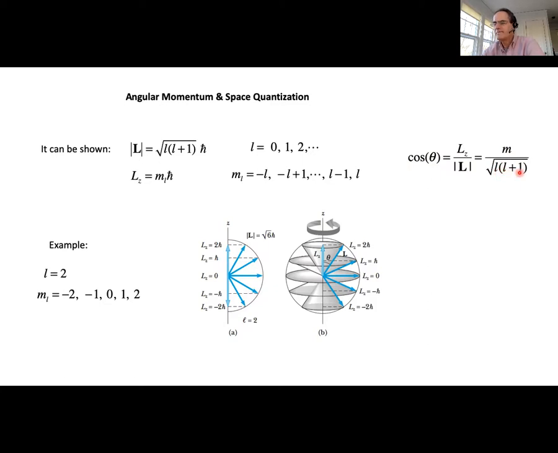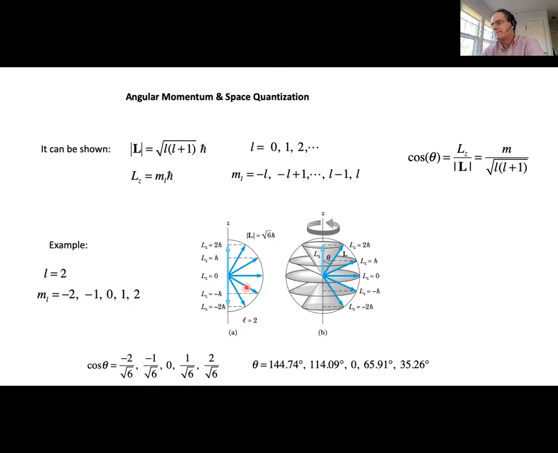That means that there are only certain directions that this can point. For the case L equals 2, and m sub L can take on any of these values, the possible values of cosine theta are given here. There are exactly 5 of them. And those correspond to a specific set of angles. Those are the only polar angles allowed for the angular momentum vector in this system. Wow.